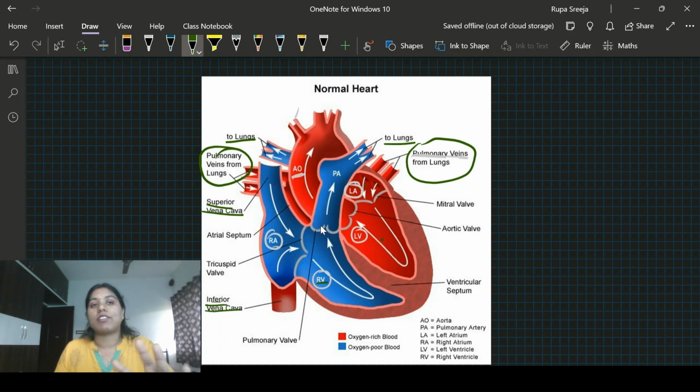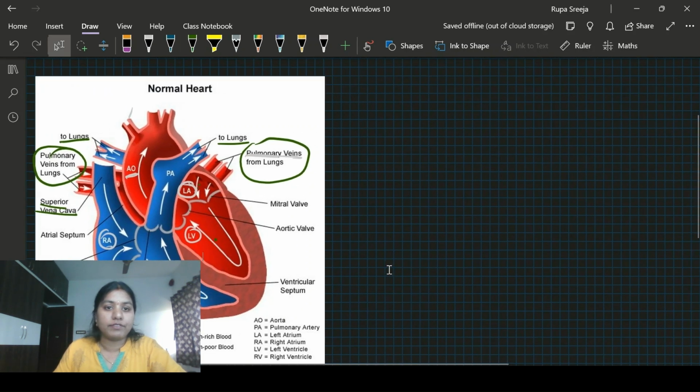Apart from these chambers, we also have to know about the wall of the heart. I'll label it here.